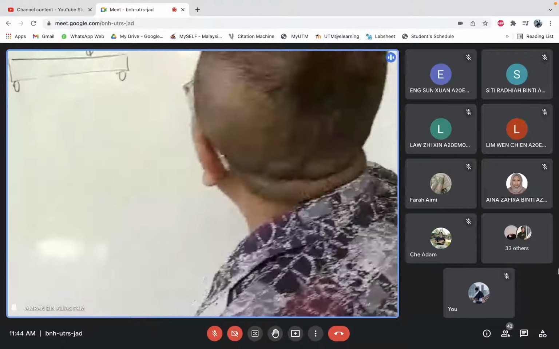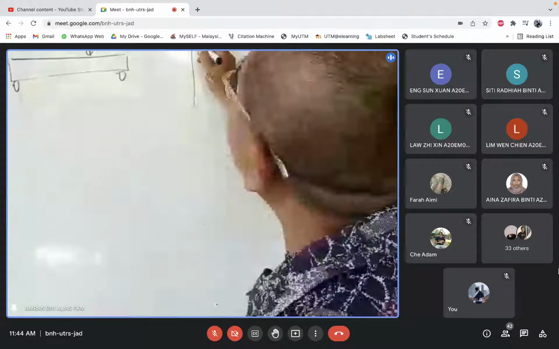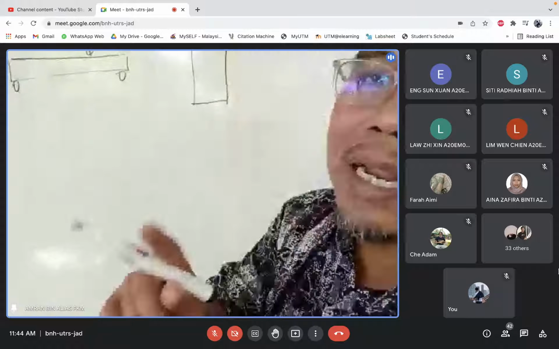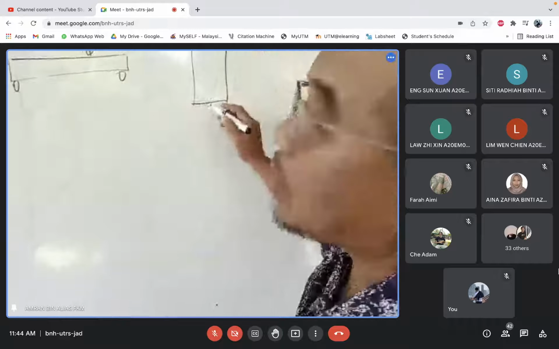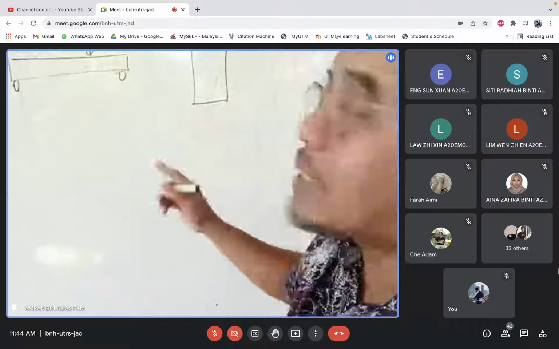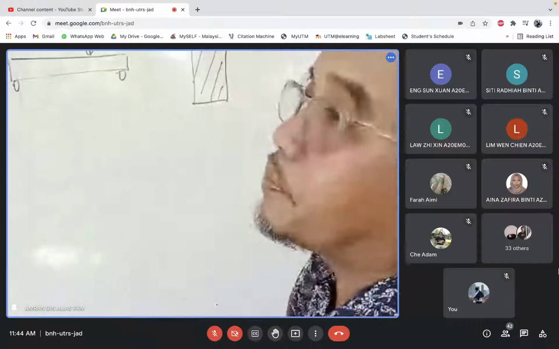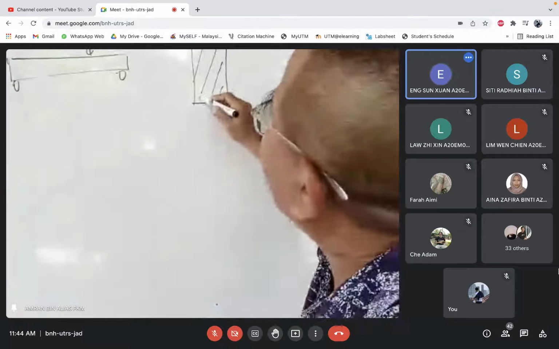Let's go with the cross section that is solid again, to make you understand. We have done yesterday, what is the size that we have known? Give me the size that we know that we don't have to calculate anymore. For question A, 40 and 100.